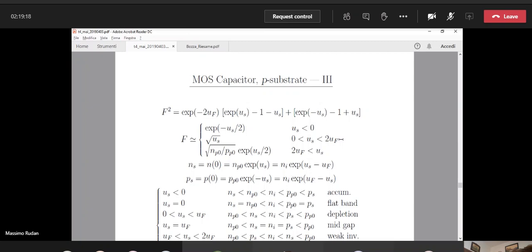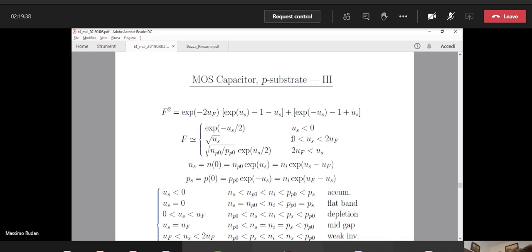So you remember we have an exponential behavior for negative US, an exponential behavior again when we are above the threshold of the strong inversion.